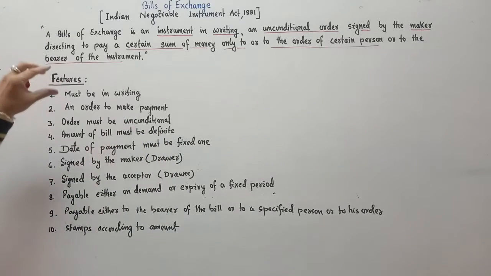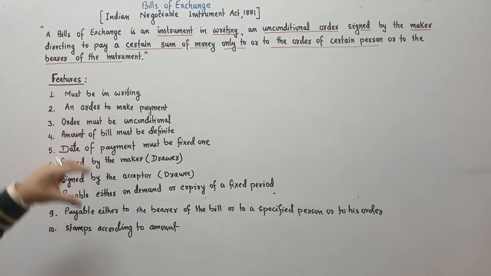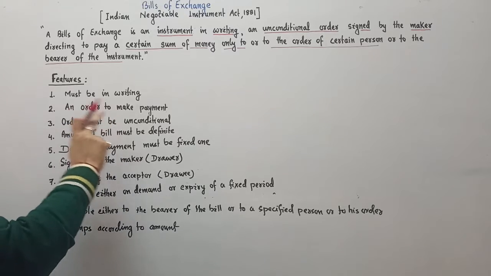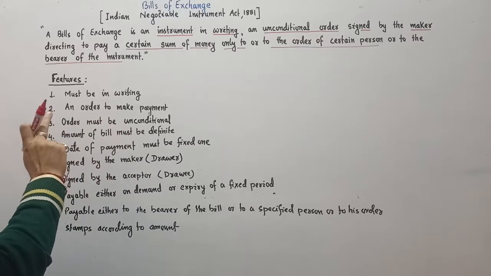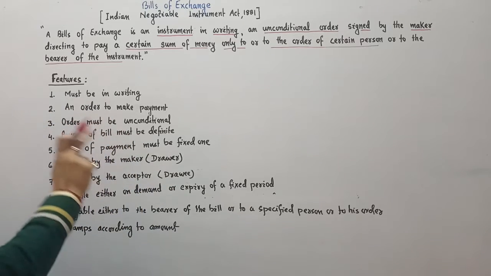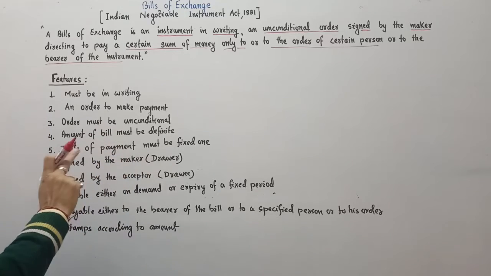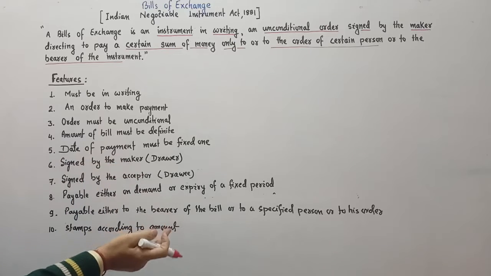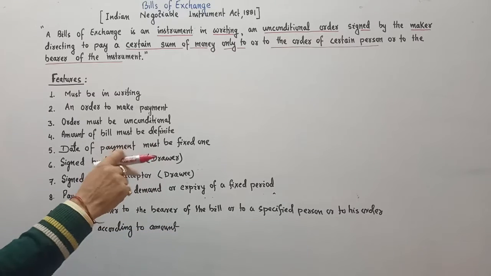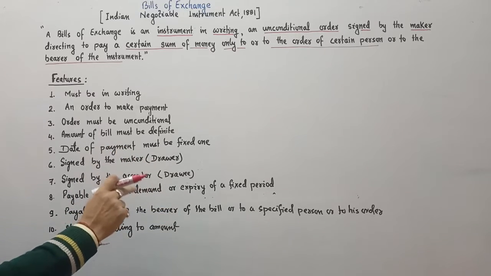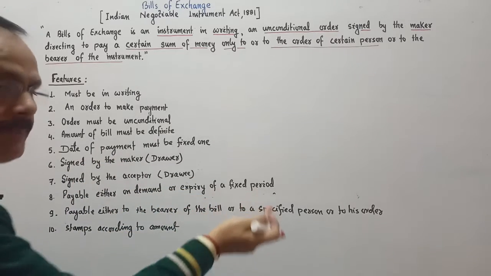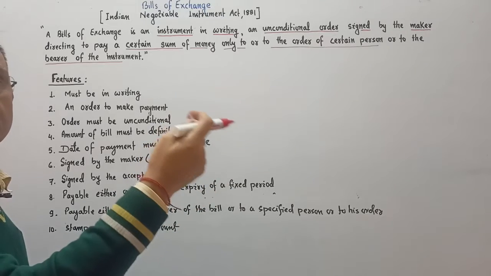So these are the characteristics, or you can say features, of bills of exchange. It must be a written order to make payment, the amount of the bill must be definite, the date of payment must be definite, signed by the drawer or maker, accepted by the drawee, payable either on demand or on expiry of a period, payable either to the bearer of the bill or to a specified person or to his order.